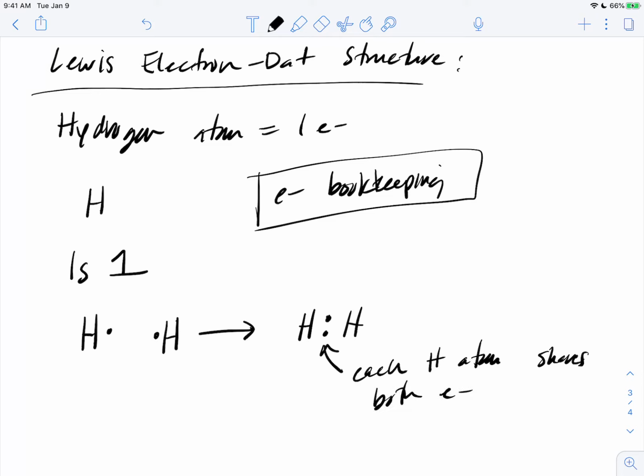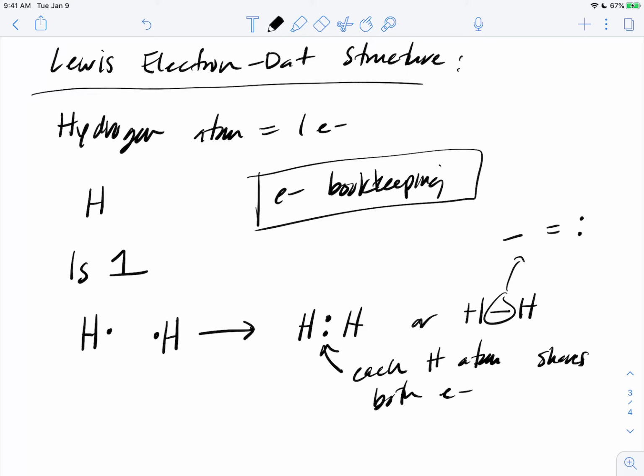That would give each hydrogen a duet, which would be 2 electrons. We can represent a chemical bond this way, or we could use a dashed line, where the dashed line is equal to two electrons being shared between 2 atoms.